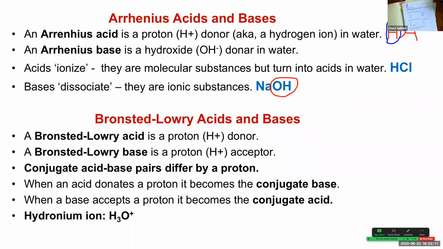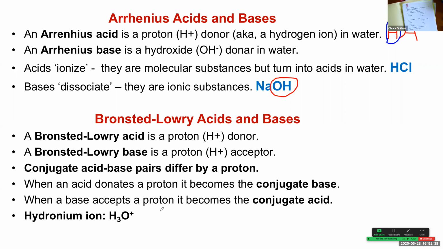So if we look back here at HA, the acid at the top right of this slide, when we lose that proton, what's left over is A minus. The A minus is called the conjugate base in the Bronsted-Lowry definition. Similarly, when a base accepts a proton, it becomes a conjugate acid. There are lots of examples of that on the worksheet that we're going to do.